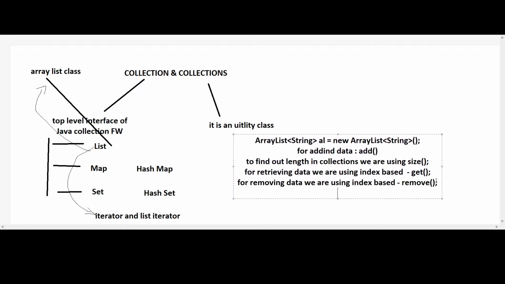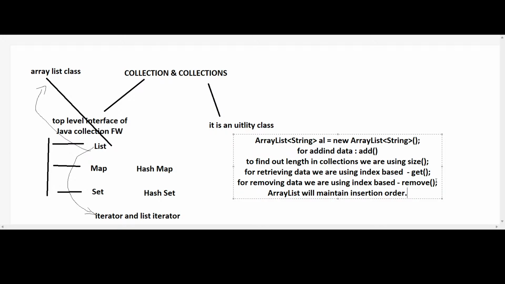At the same time, this array list will maintain insertion order. So these are the points we have to remember about the array list class. The first point is that it is a class and it represents a sequential collection of objects.